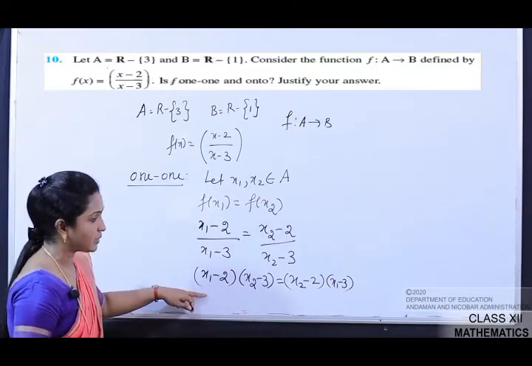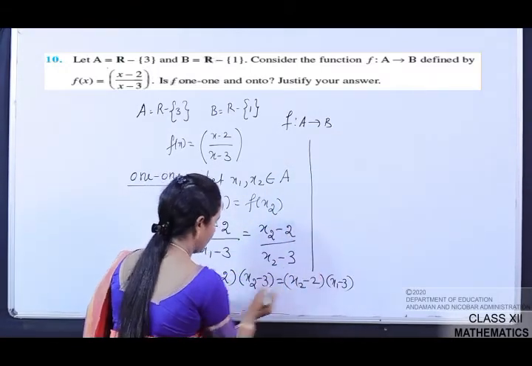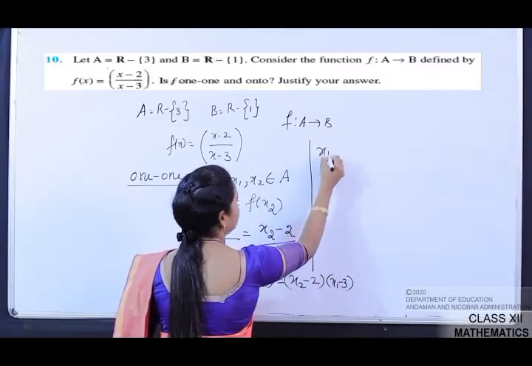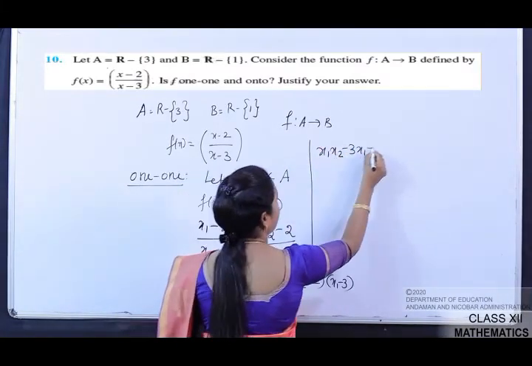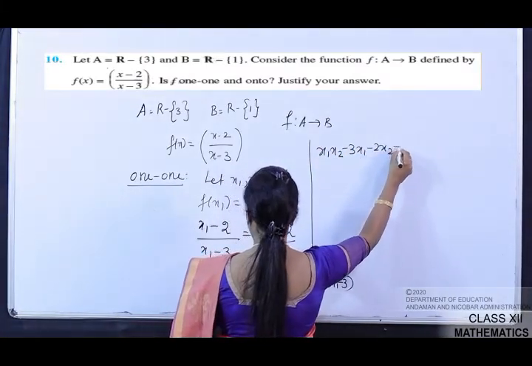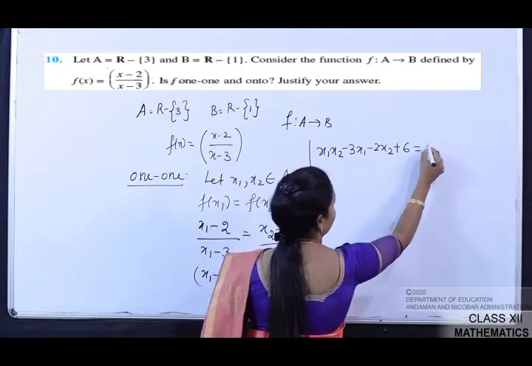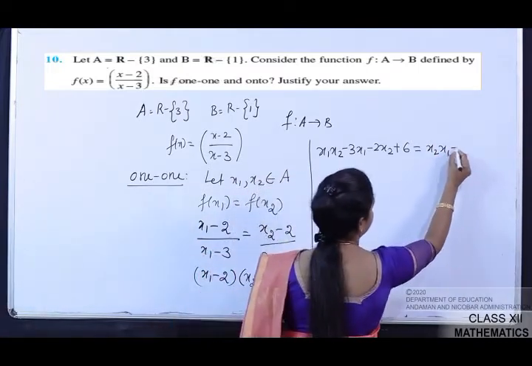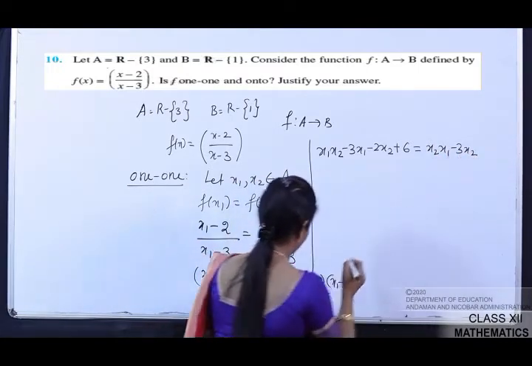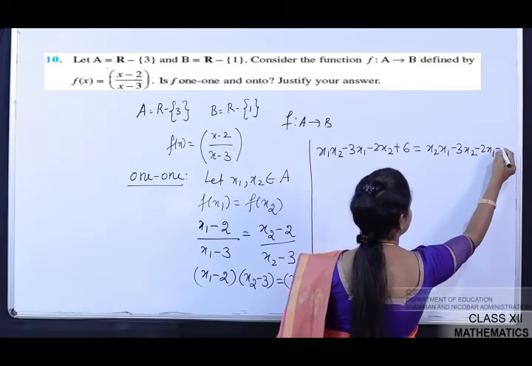ठीक है, इसके बाद आप क्या करेंगे? You will simplify. You will multiply. Okay, so x1x2 − 3x1 − 2x2 + 6 equals x2x1 − 3x2 − 2x1 + 6.